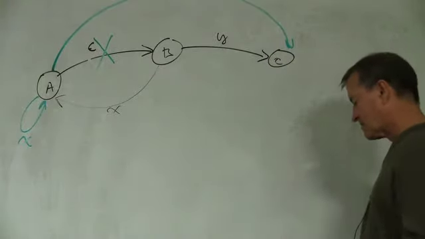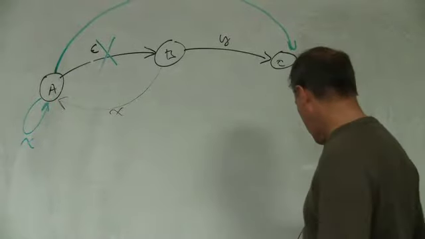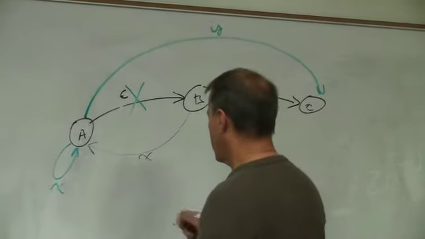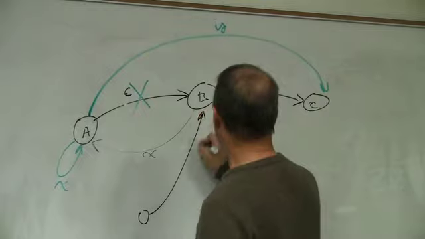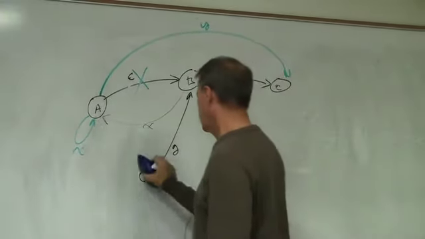So what if you had another way to get to B? What if there was a fourth state? Yeah, that's fine. If there's some other state over here, and there's a way for it to get to B on, say, G, then would you need a loop on B?